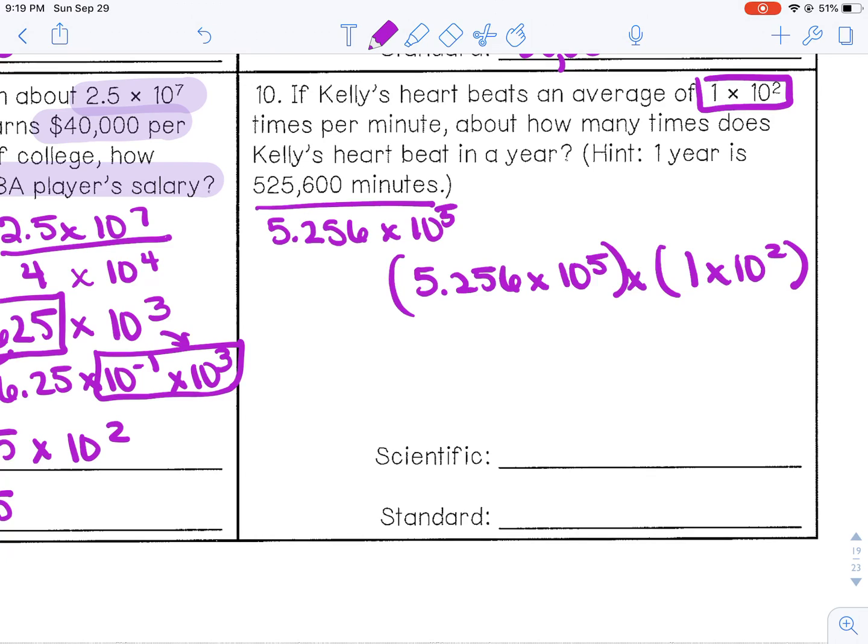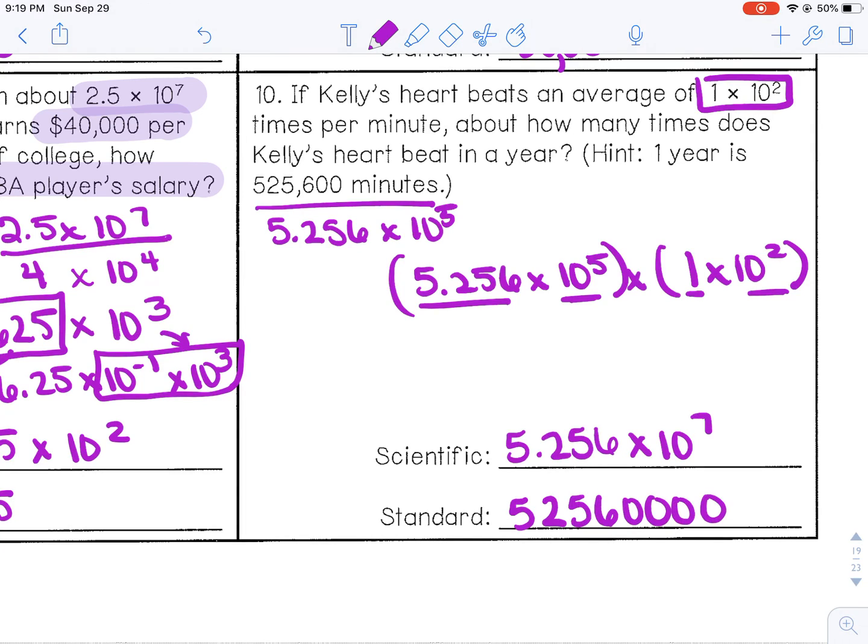Okay, so I'm going to multiply the first numbers, and fortunately anything times 1 is itself, and that is between 1 and 10, so I can leave that there, and multiply these by adding the exponents. And then now I'm going to move the decimal place 7 to the right. So the 2 is 1, 2, 3, 4, 5, 6, 7 places. Okay, so 52,560,000 beats in a year.